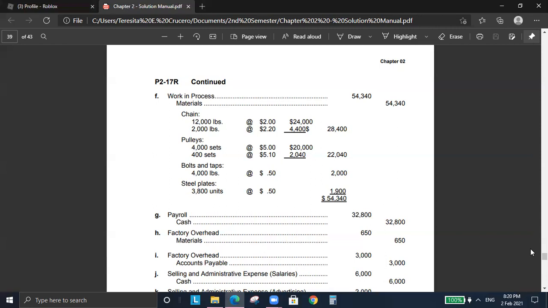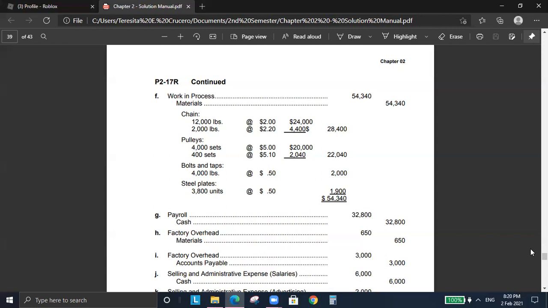In letter G, you have the payment. In letter H, indirect materials issued to production is 650. So in letter H, we debit factory overhead 650 and credit materials for 650.